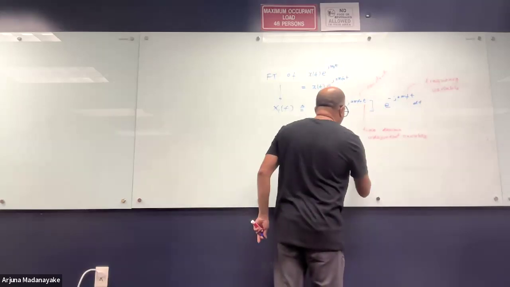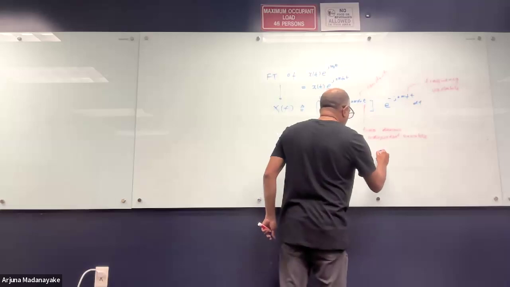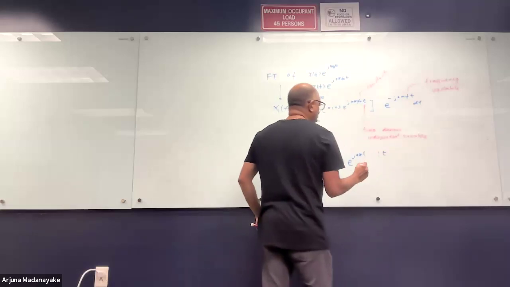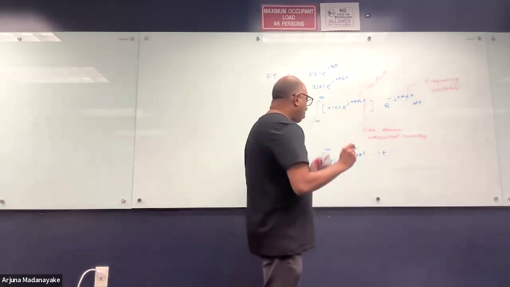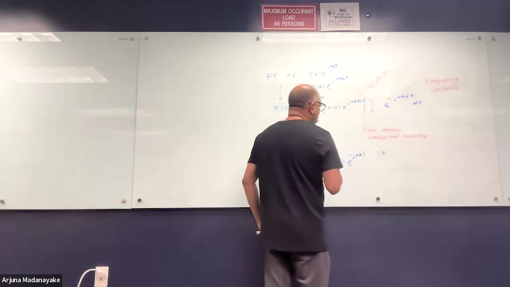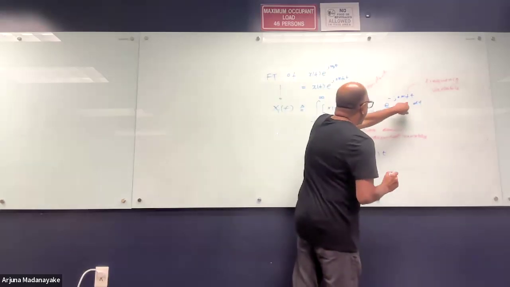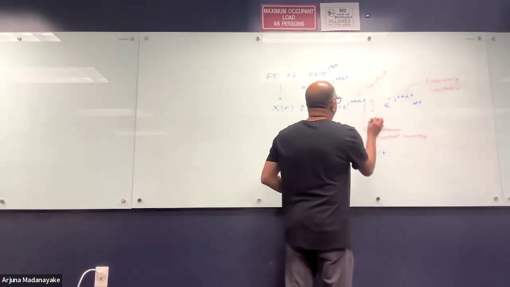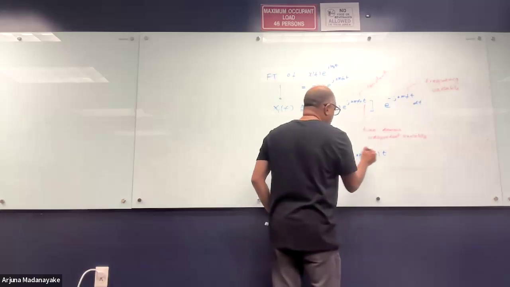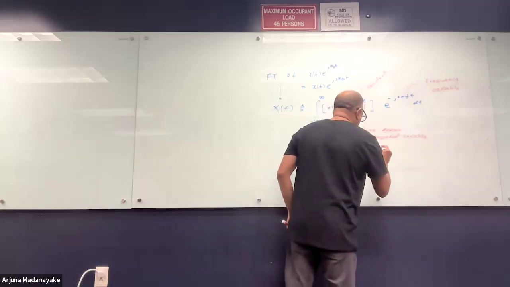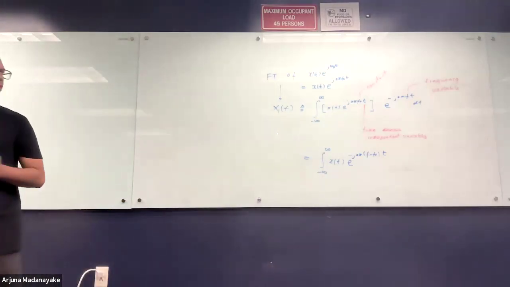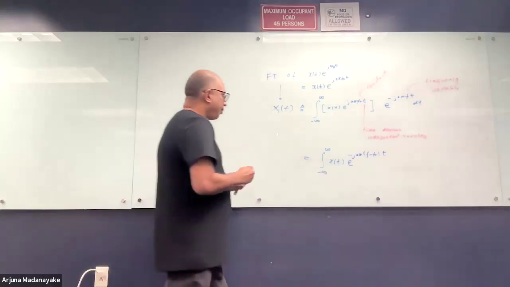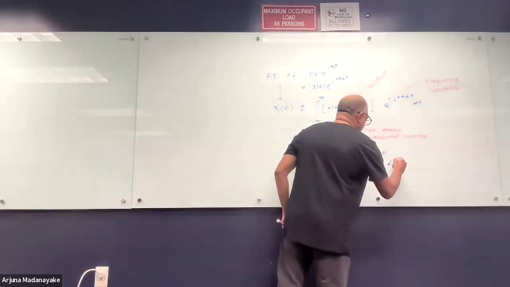So I can write 2 pi something t. I want to preserve the Fourier transform shape, so I put a negative in front. I have positive f naught here, so this is negative, so I need a negative f here. Just algebra.